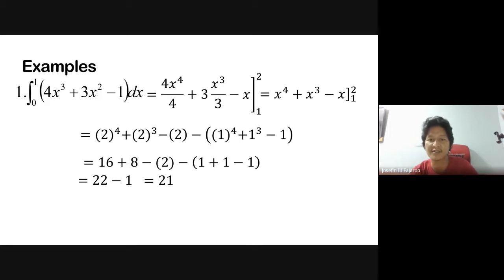Basta tandaan yung process after taking the integral. Ang gagawin natin ay i-substitute lang natin yung ating upper minus lower. Okay, so ganun pa rin naman. So the same process of doing the integral before.